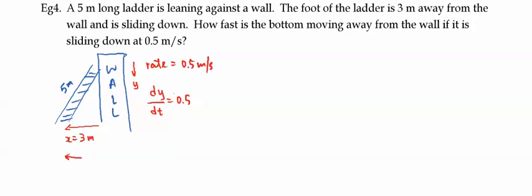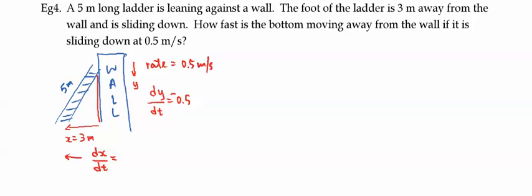And knowing how it is sliding down, the length on this side is getting shorter and shorter. That's why I have a negative value. And as the ladder is sliding away from the wall, dx/dt should give us a positive value.